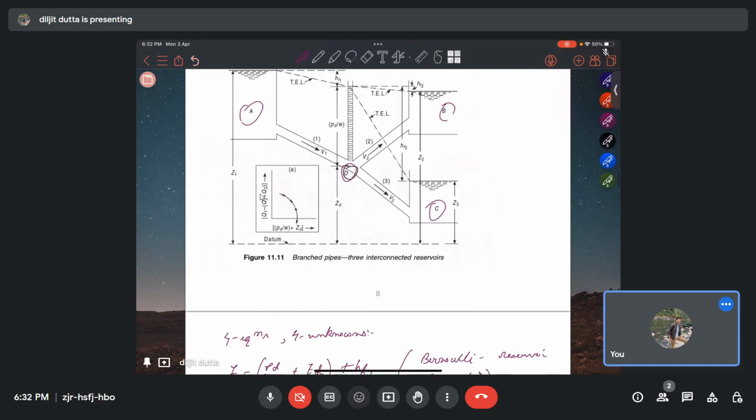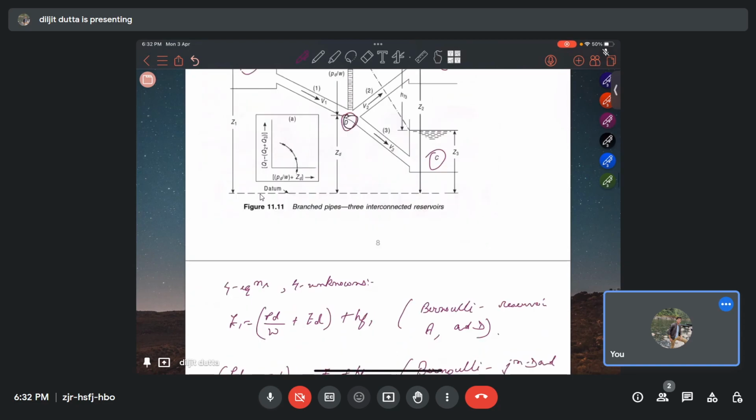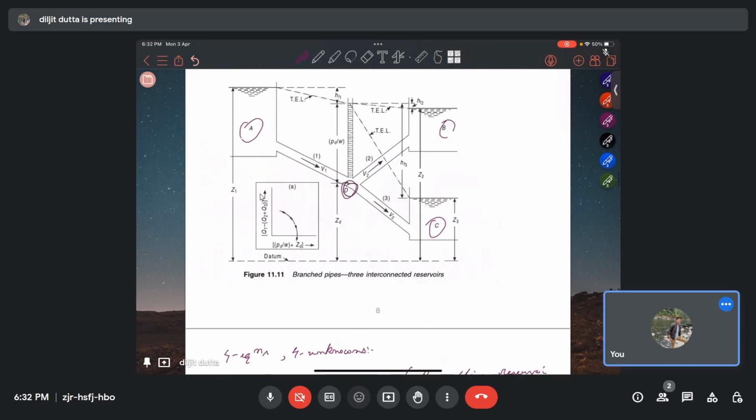So first up we will apply the Bernoulli equation from reservoir A to junction D. So if we apply that, what will we get? At the surface of A, the velocity is 0.